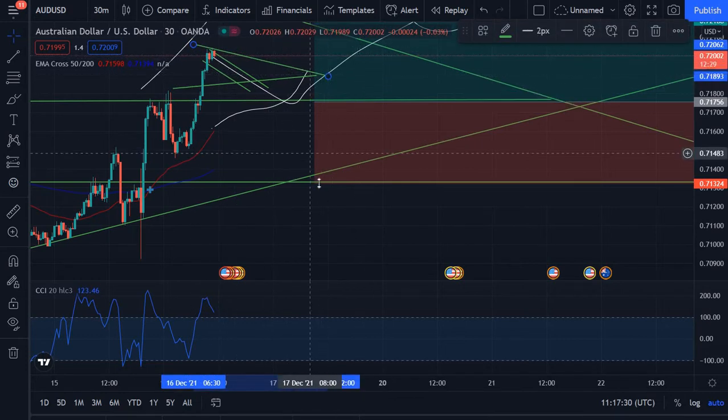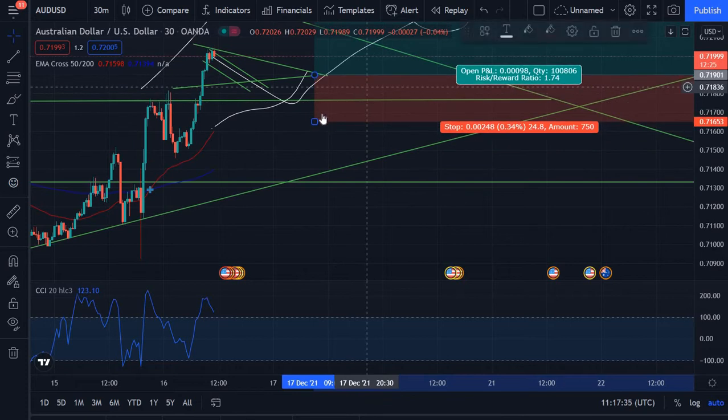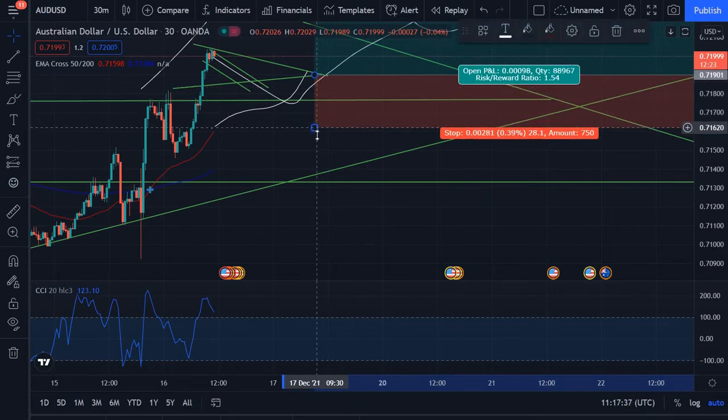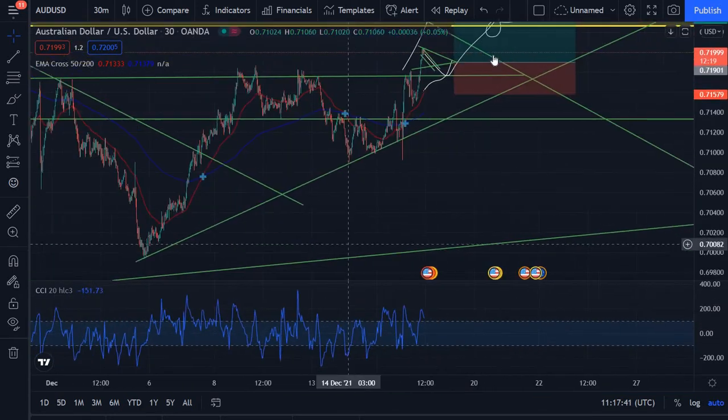And then a breakout, but this would be the entry, then your stop loss would be maybe a little bit around here, and the target would be this yellow line.